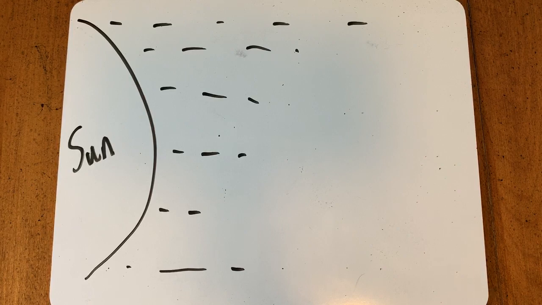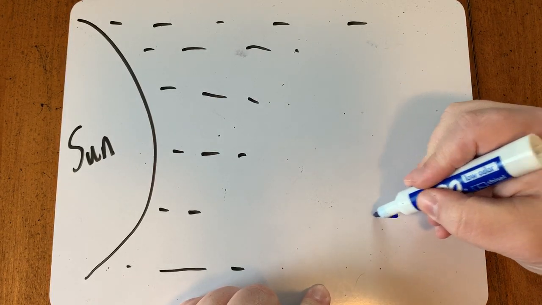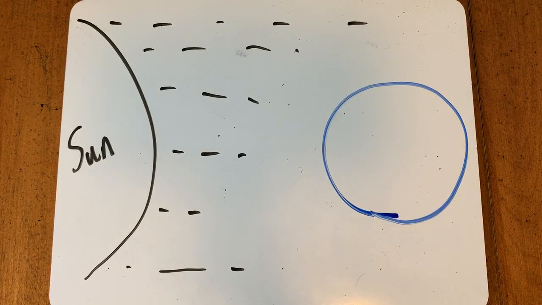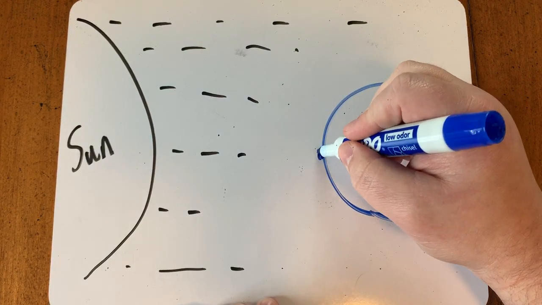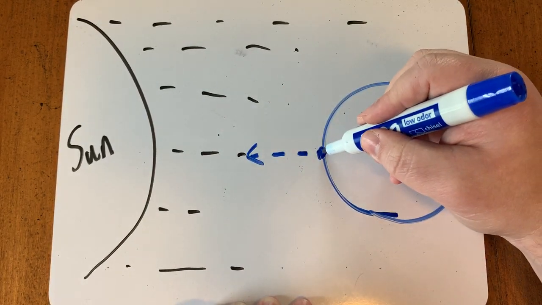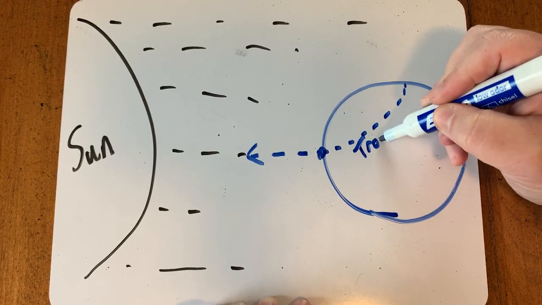But at the solstices, something's different. So at the June solstice, that's when the northern hemisphere starts summer and the southern hemisphere starts winter. At the June solstice, the point here, which is closest to the sun, is on our Tropic of Cancer.